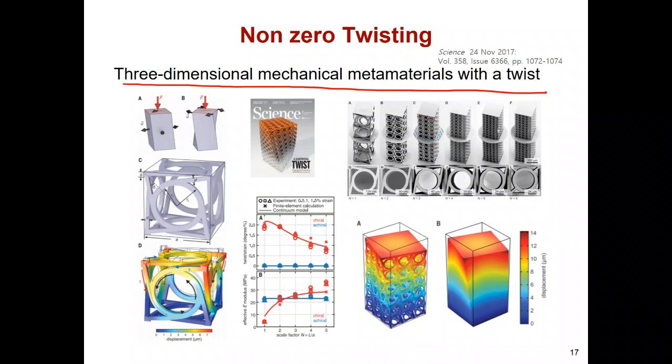For example, when we apply some torsion, the effective behavior is slightly different, but they show extremely high twisting resistance, although the material has large enough void spaces.